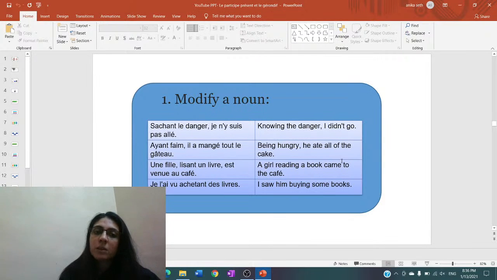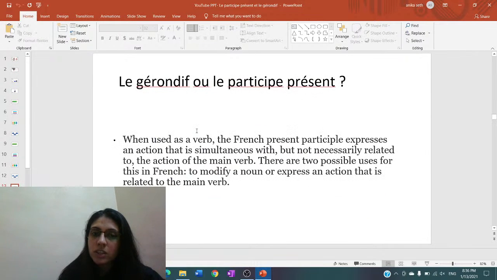Now, when we are modifying a noun, what happens? Sachant le danger, je n'y suis pas allé. Knowing the danger, I didn't go. Sachant le danger: le danger is the noun.